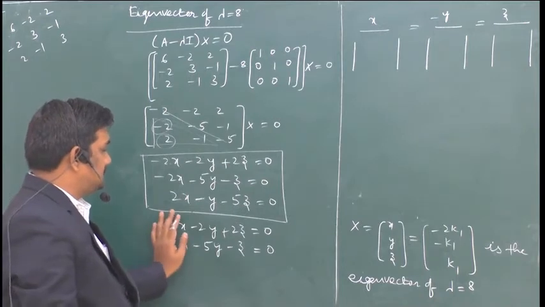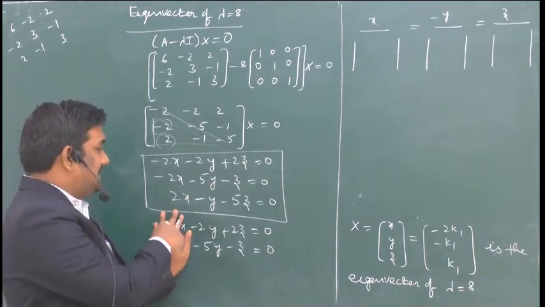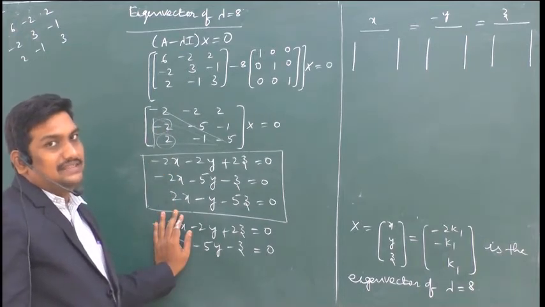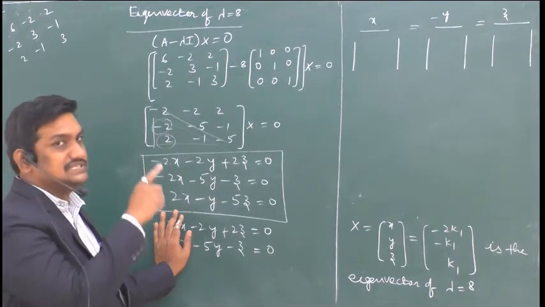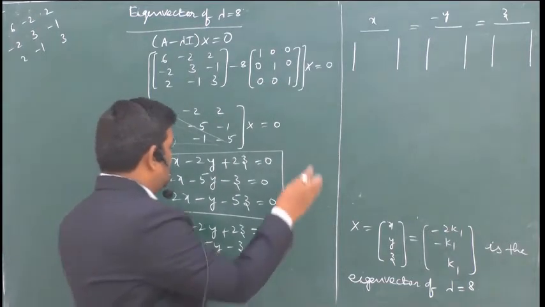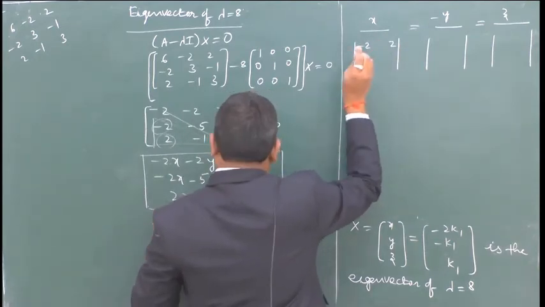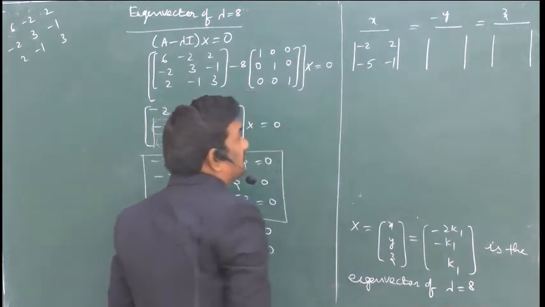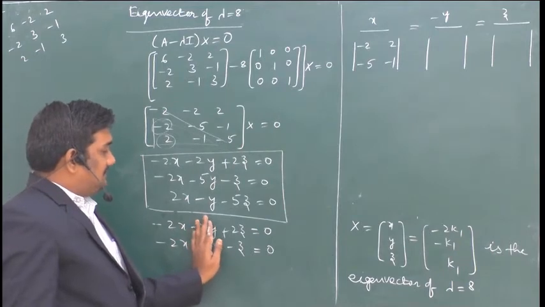Now you close the first column. Write the remaining coefficients in the x denominator, that is minus 2, 2, minus 5, minus 1.